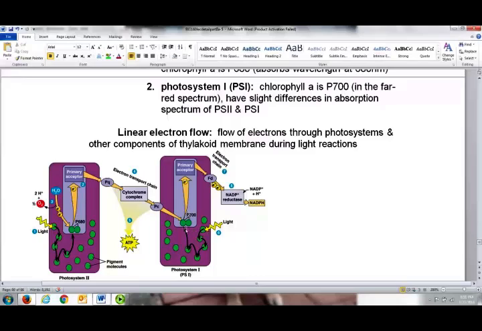There'll be a little bit more light that contributes to this, to another primary electron acceptor, and get passed down a second electron transport chain. So we refer to this as linear electron flow because the electrons are going to flow through the photosystems and other components of the thylakoid membrane during the reactions. So the electron starts at one end and it ends up over here. What that means is you're going to constantly need a source of electrons here to keep these reactions going.